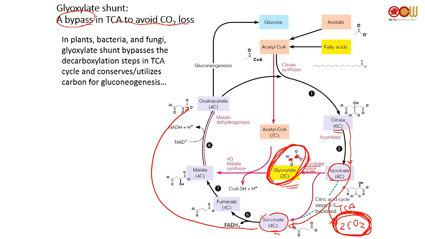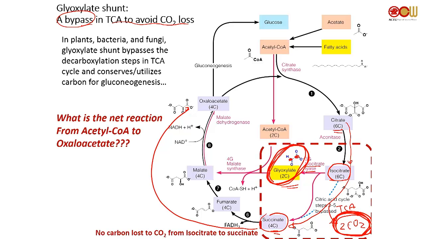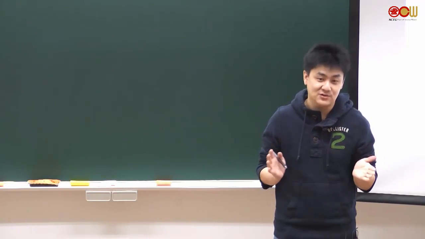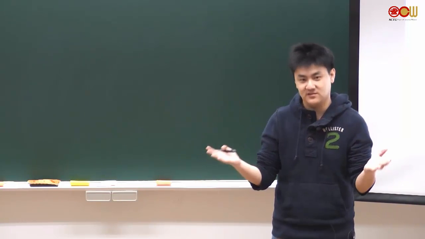So what happened? What did you do? What's the net reaction? So if I give you this pathway and I want you to tell me the net reaction for the glyoxylate shunt, like net reaction, what do I consume? 所以我们先说 net reaction 嘛，就是说我吃什么，然后吐什么嘛，然后你再去 cancel，然后最后就是你可以得到你的 net reaction.